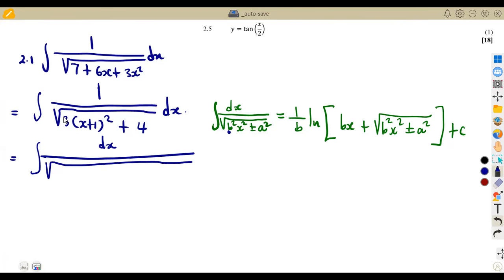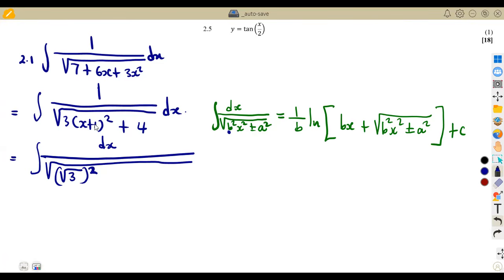So there's a 3. How do I write 3 as a number to the power of 2? It is going to be the square root of 3 to the power of 2. I haven't changed anything.